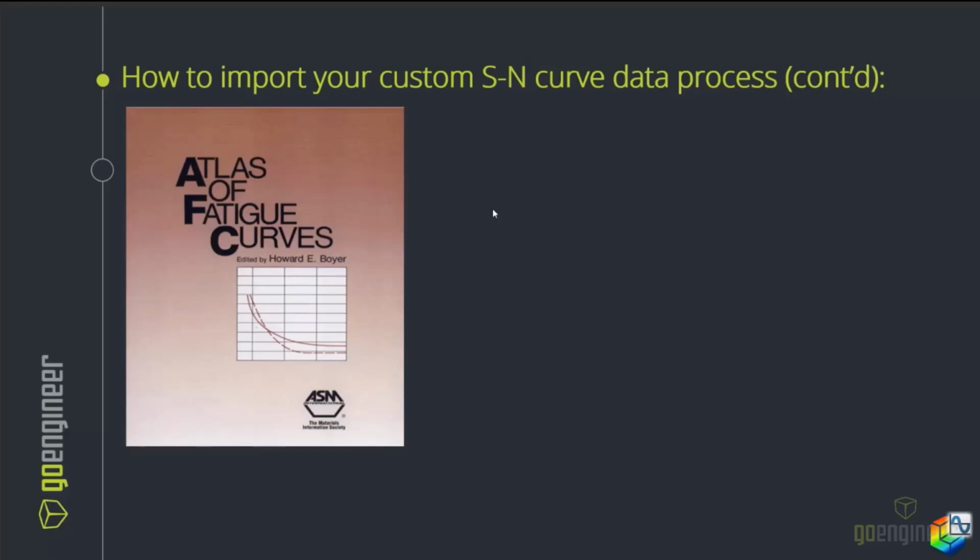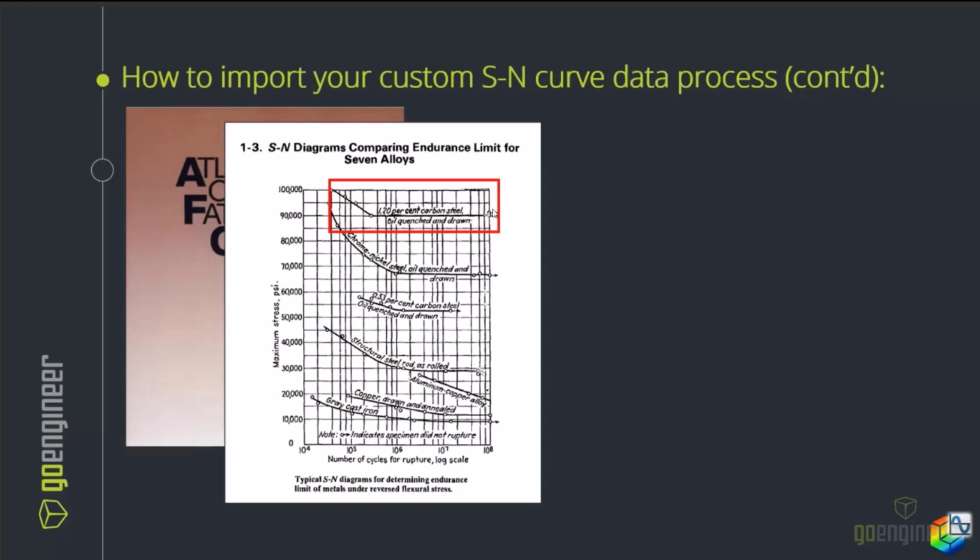This is a book that you can purchase online, of course. The SN curve data I decided to use from this book is shown here in the red box, which is the 1.2% carbon steel. That's the data I'm going to use for importing SN curve data into my fatigue study.